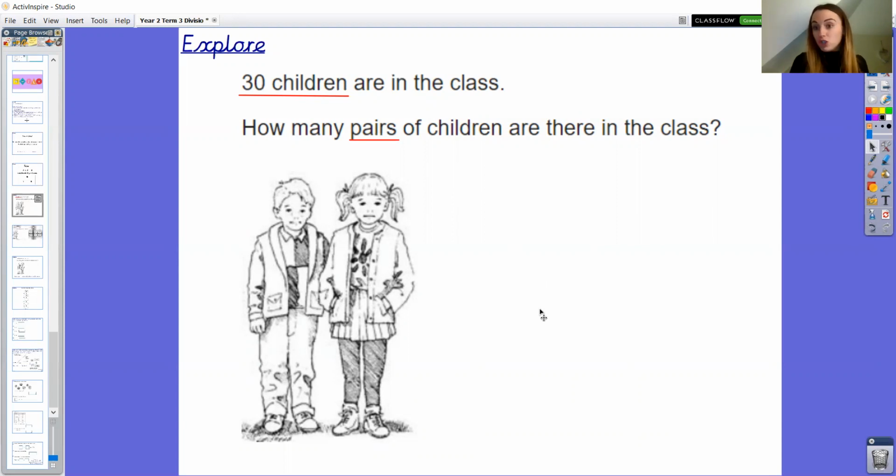Think about, are you going to share into two equal groups, or are you going to group in twos until you get to the whole? Or you might even use your mental maths knowledge to help you solve this one. So please pause the video here and explore this question.